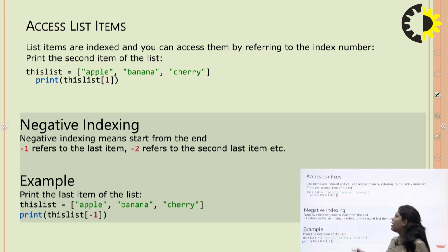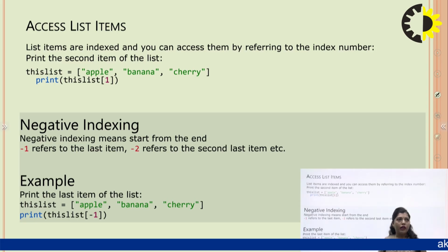So how can you access list items? List items are indexed and you can access them by referring to the index number. So print the second item of the list. We want to print the second item of the list, so simply we can give the index value of that item, this list 1. After that, next is negative indexing. Negative indexing means start from the end.